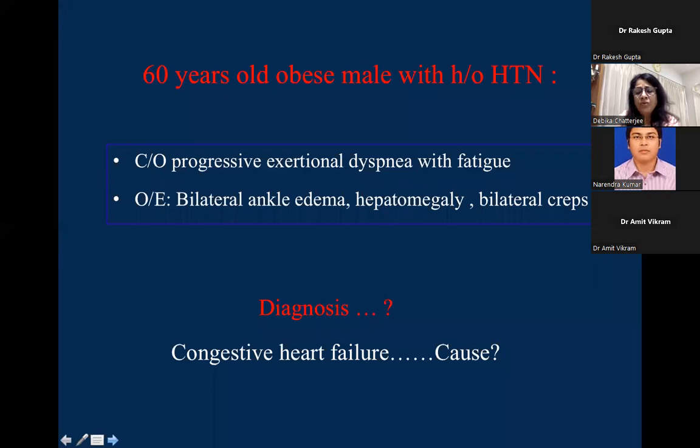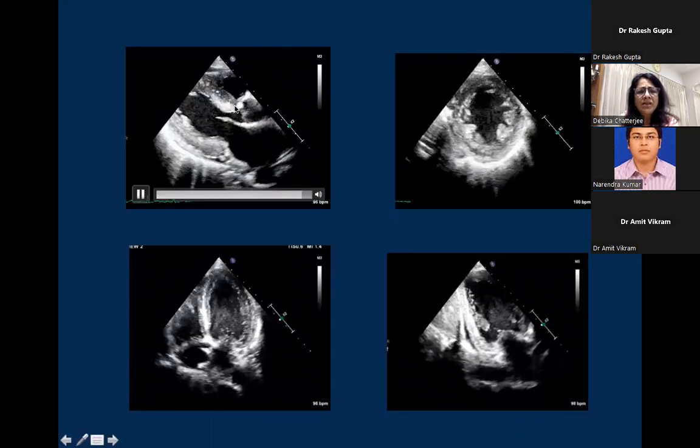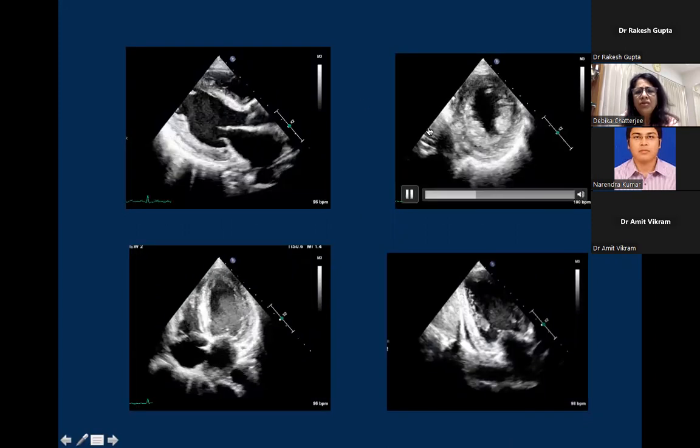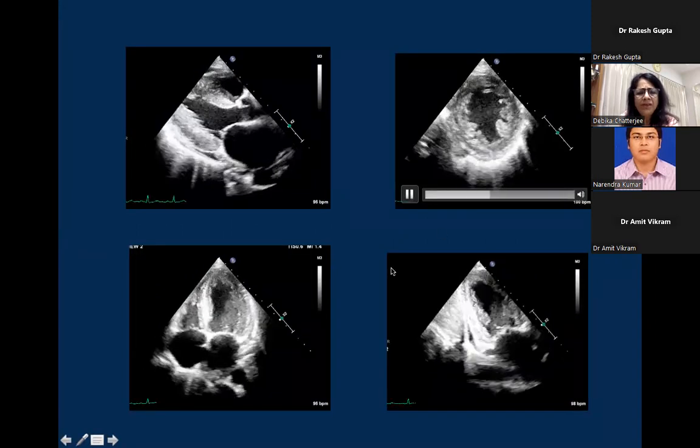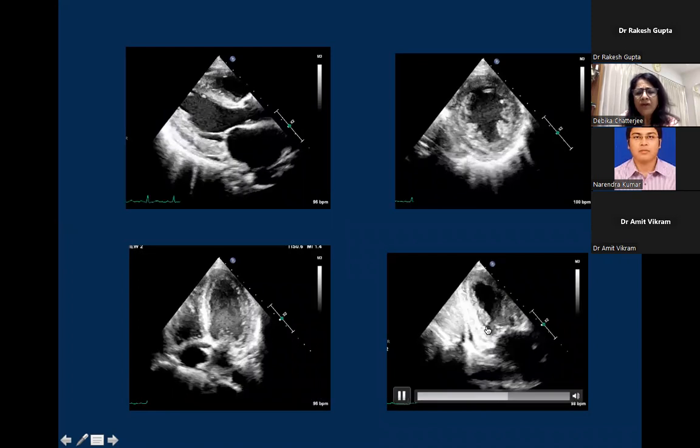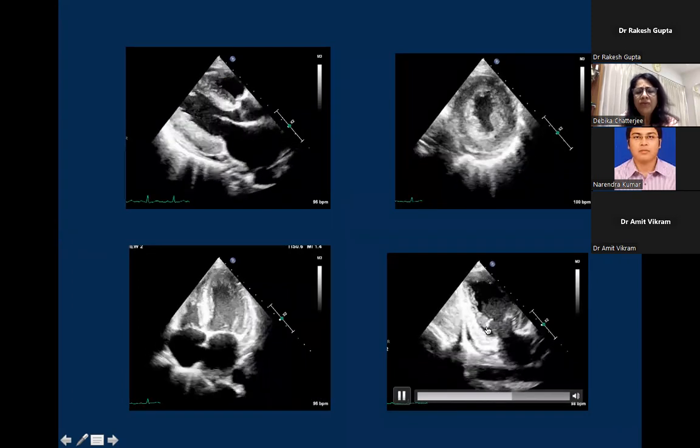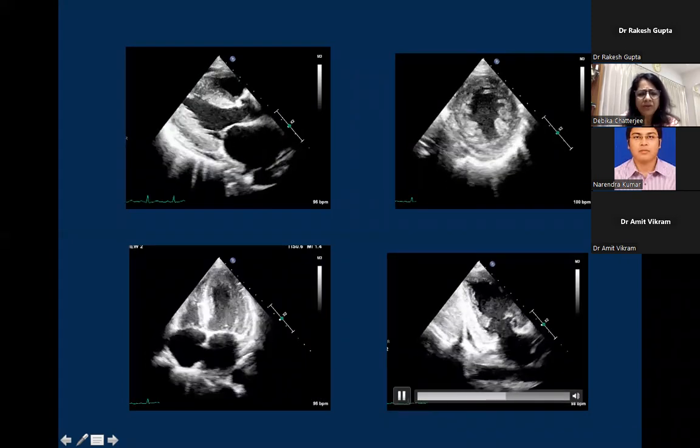Now the question is, what is the cause of this heart failure? As usual, we always think, is it due to systolic dysfunction? So we look at the heart. You see, in the parasternal long axis, LV is showing good contraction, no regional wall motion abnormality. Overall systolic function is very good with an ejection fraction of 65%.